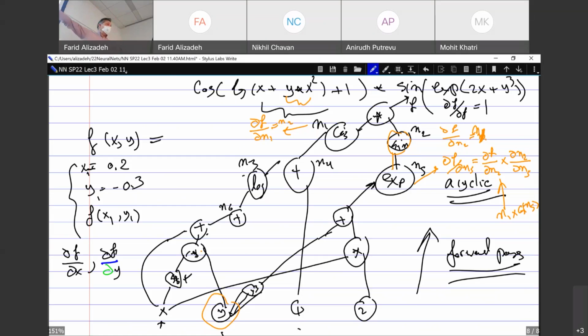Now, if you have a binary operation like adding, it needs two, so you can count that as two operations. The point here is that if you have one function, forward calculation involves a number of operations proportional to the number of edges, essentially.